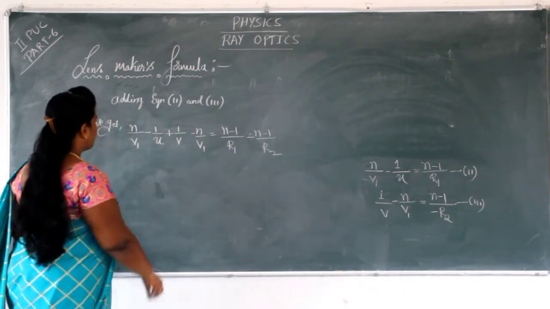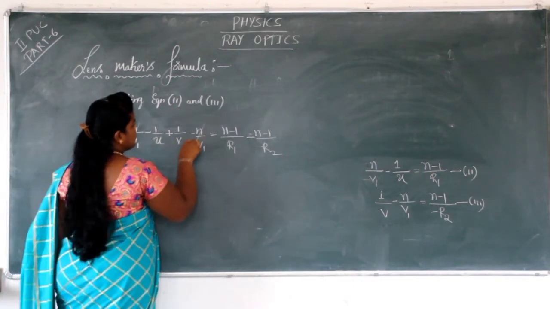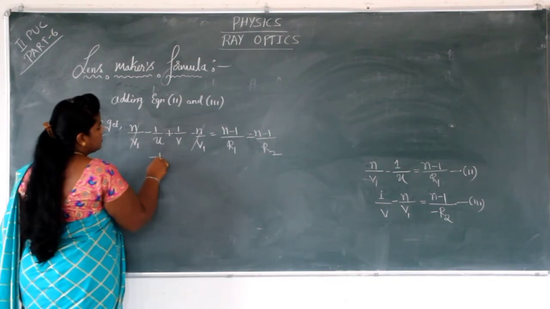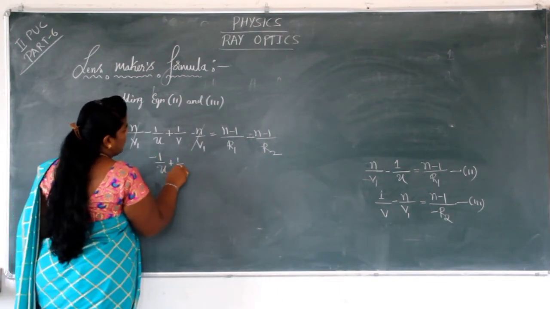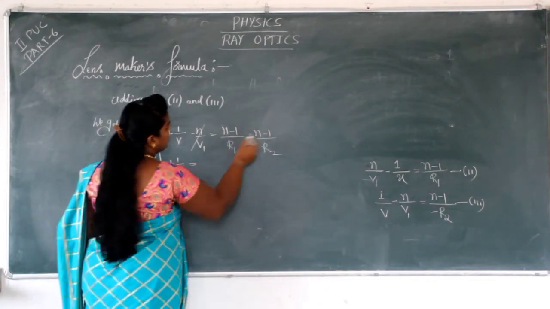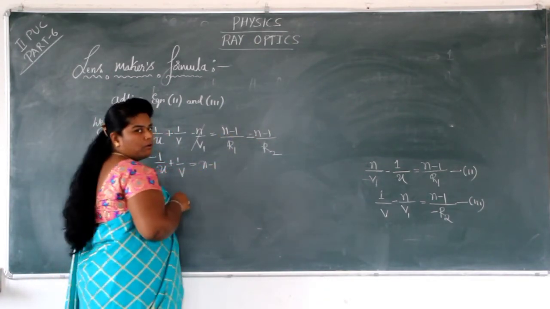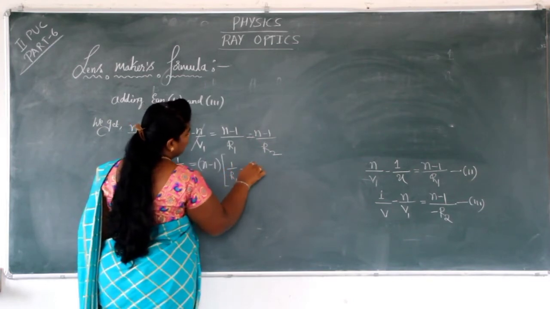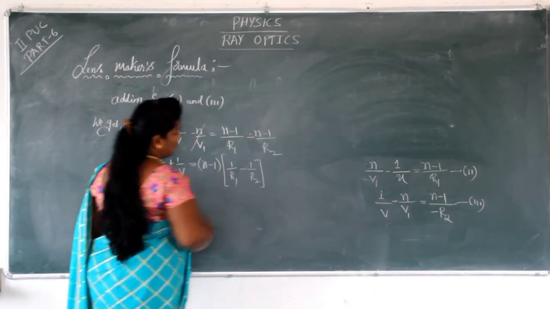Now, N by V1 minus N by V1 cancel with each other. Then the remaining is 1 by U plus 1 by V, which is equal to, which terms are common here? N minus 1 is common, so the remaining is 1 by R1 minus 1 by R2.